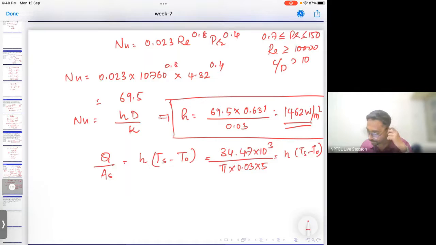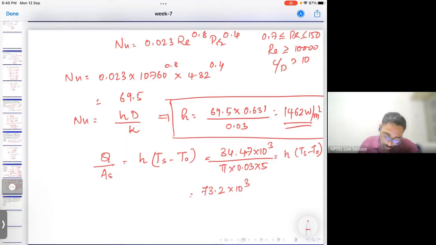So this will come out to be around 73.2 into 10 raised to 3 watts per meter square.